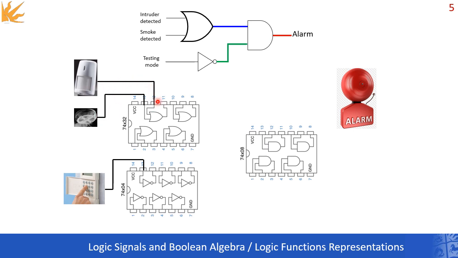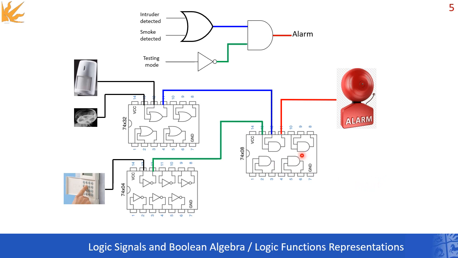And this is how you would do it with some SSIs. Again, the colors are mapped to the logic circuit over here when you're using SSIs to implement it. And finally, the final output from the last AND gate triggers the alarm.